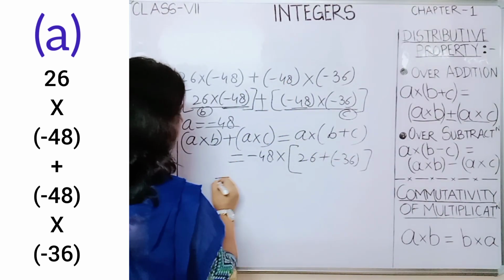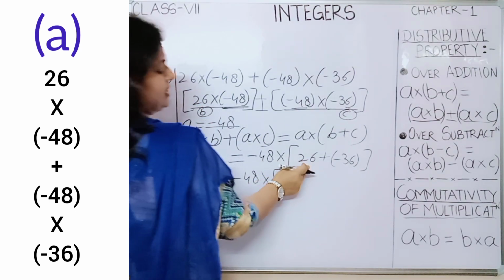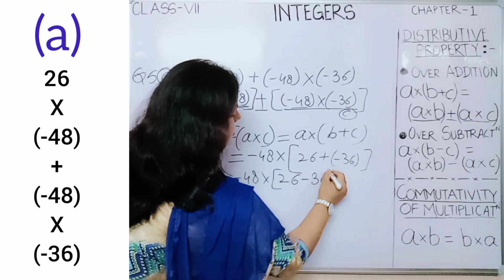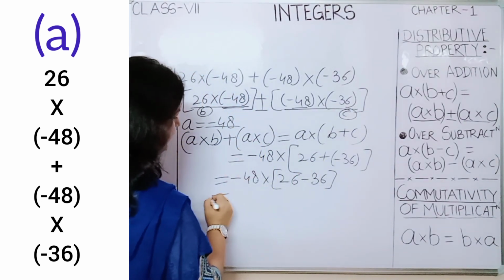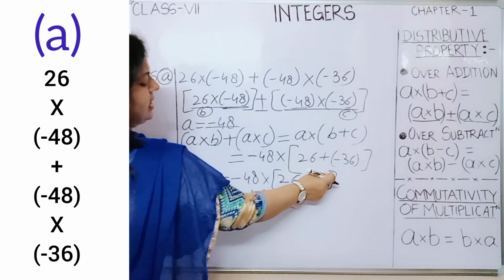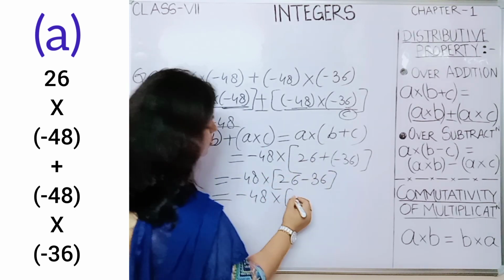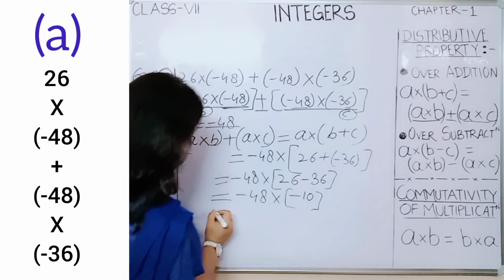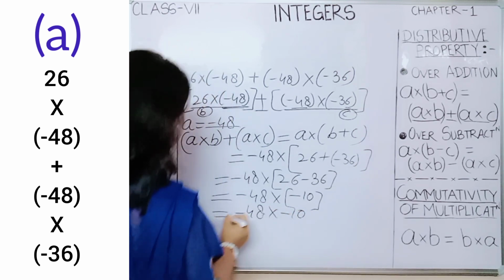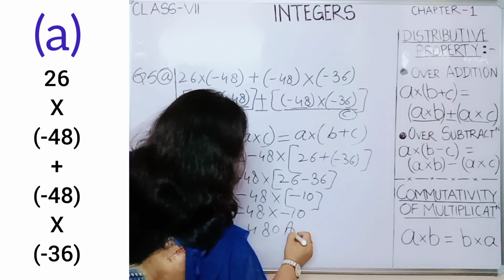Now the second step is minus 48 into the subtraction of 26 plus minus 36, and subtract: minus 36 is the greater number with a minus sign in front of it. So minus 10 will come. Multiply minus 48 with minus 10. So you get 480, and 480 is your answer.